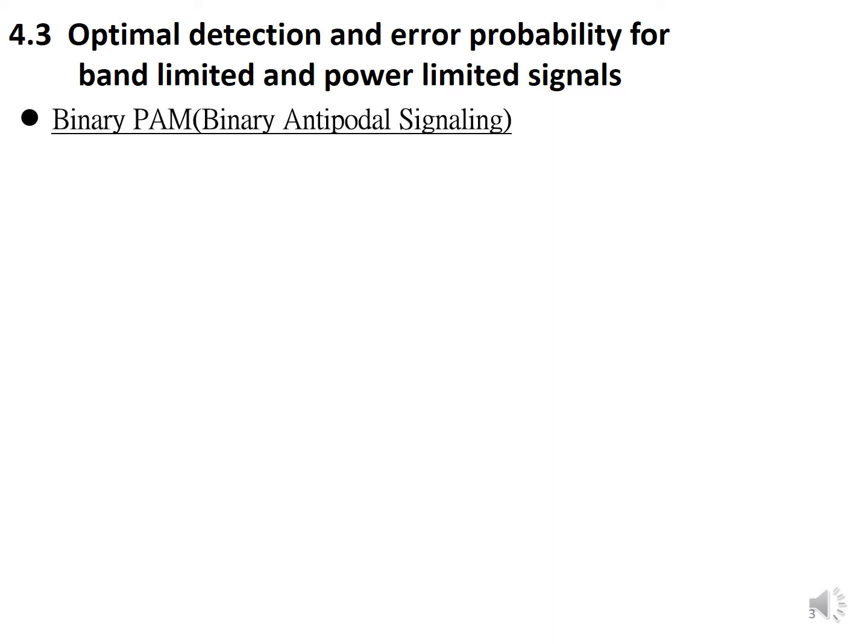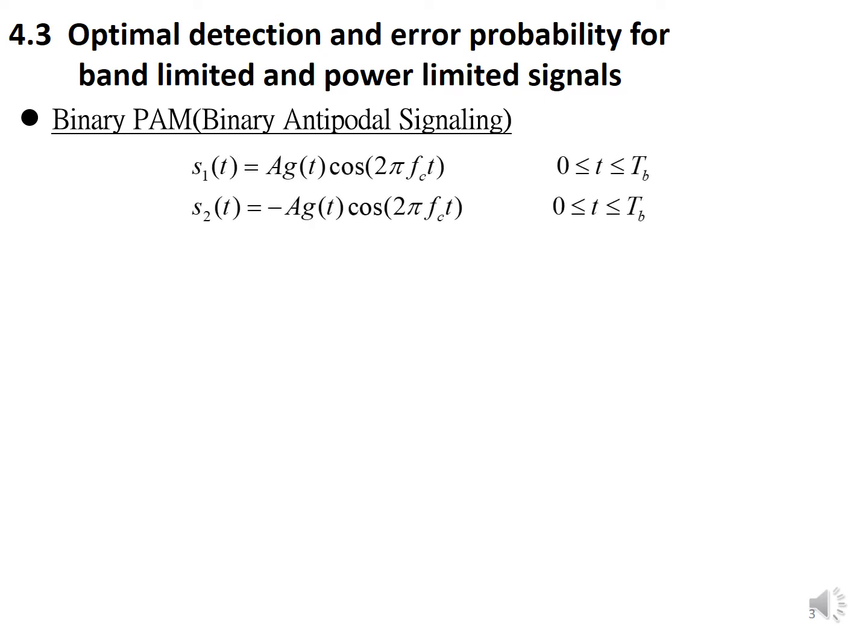Okay, so the first example we're going to discuss for the optimal detection is the so-called binary PAM, or binary antipodal signaling, or equivalently, the BPSK. They are all the same. Okay, the binary PAM. Suppose we have these two signals, s1(t) and s2(t).